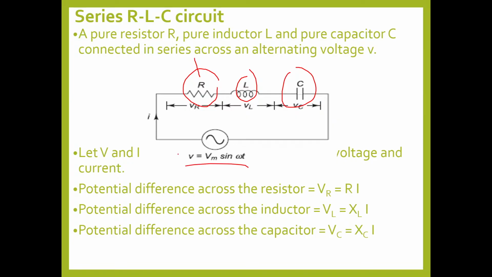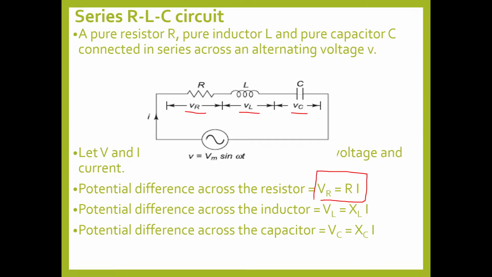Source voltage is V equal to Vm sin omega t, current is I. VR is the voltage across the resistor, VL the voltage across the inductor, and VC the voltage across the capacitor. The voltage equations are VR equal to R into I, VL equal to XL I, and VC equal to XC I.